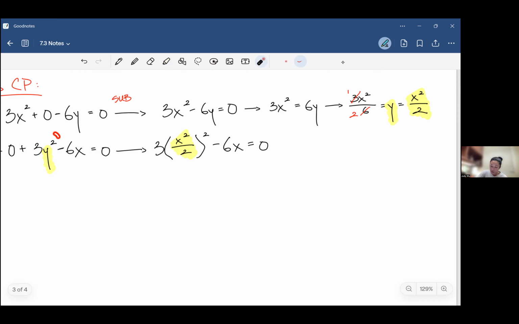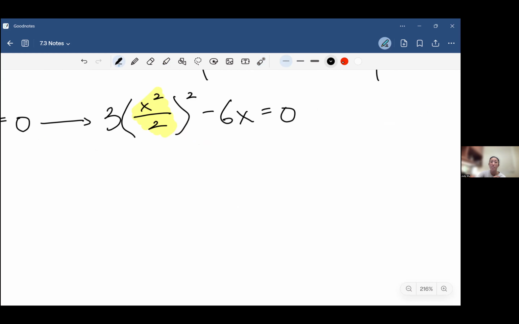Now I got to be really careful here because the squared for the y, that still stays. All right. Now this looks kind of messy, but let's take it step by step. And what I mean by that is we're going to distribute our power first. So we're going to get 3 over 1 times x to the 4th over 2 squared is 4, minus 6x equals 0.